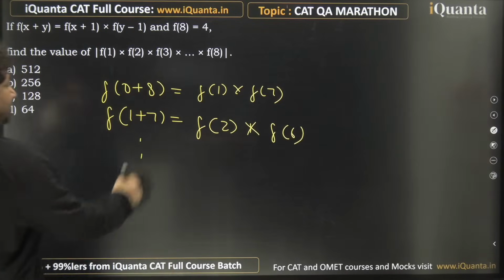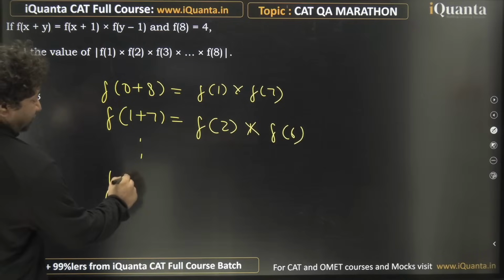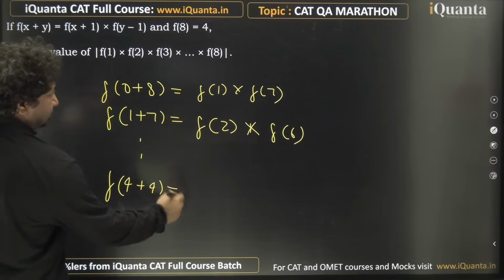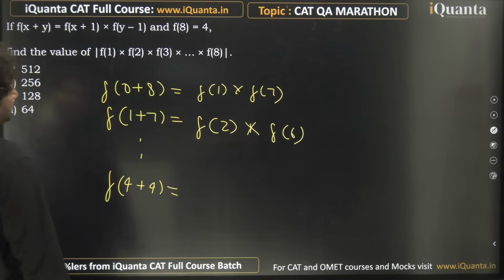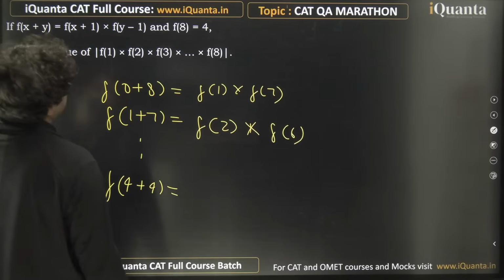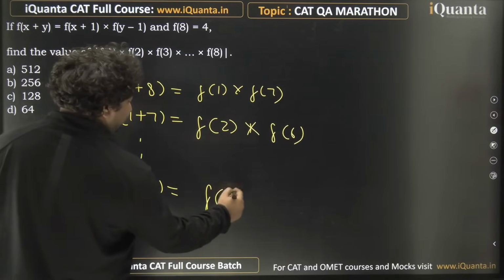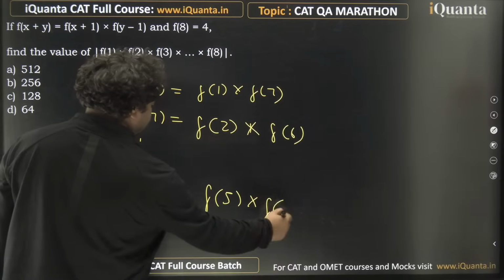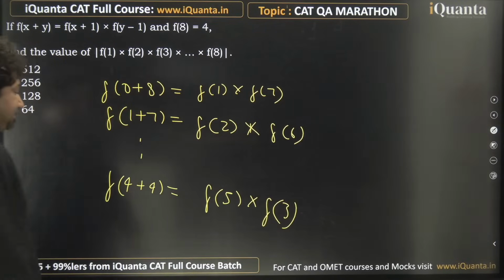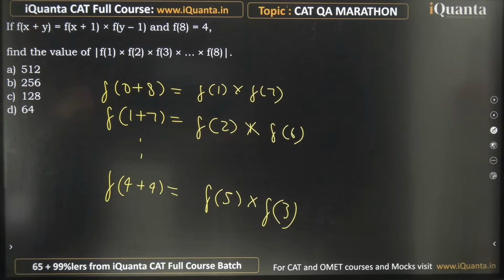And so on, I'll keep on getting this. F of 4 plus 4, I'll get f5 multiplied by f3.